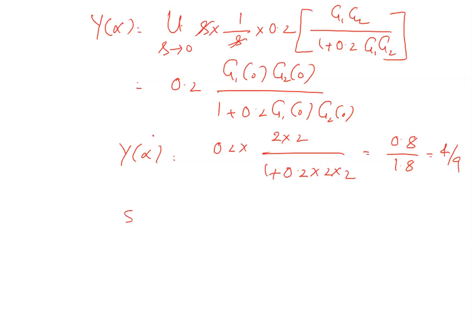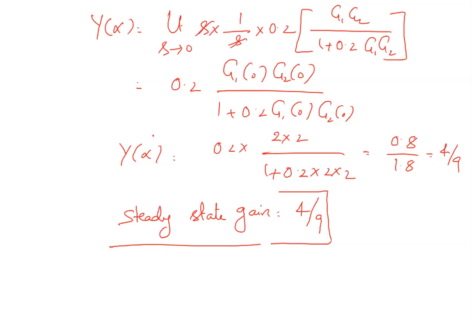So this steady state gain is 4 by 9. Yes, the final value theorem gives the steady state gain, correct.